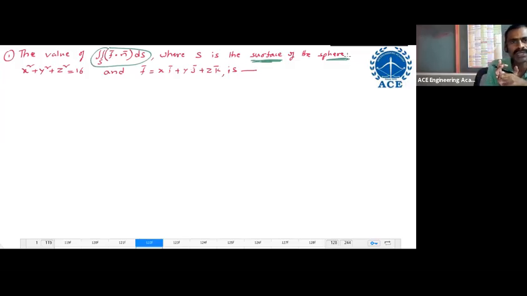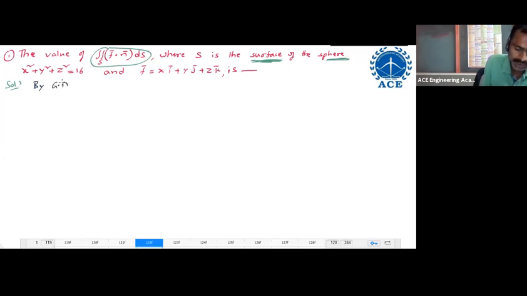Because the object has a closed surface, we evaluate this problem by using the Gauss divergence theorem only. So first we write the Gauss divergence theorem transformation.